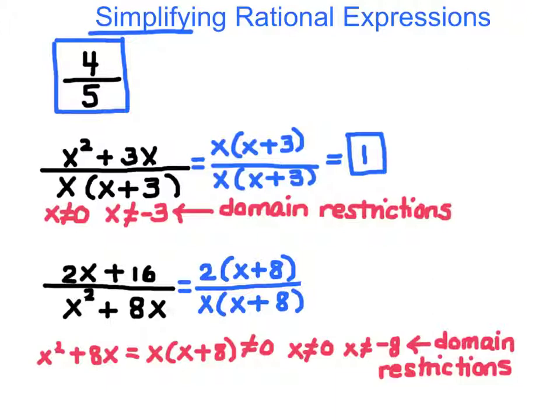Now here I can see that x plus 8 in the numerator and x plus 8 in the denominator cancel out because it's all multiplication, and what I'm left with is 2 over x. So this is the simplified expression for our third rational expression.